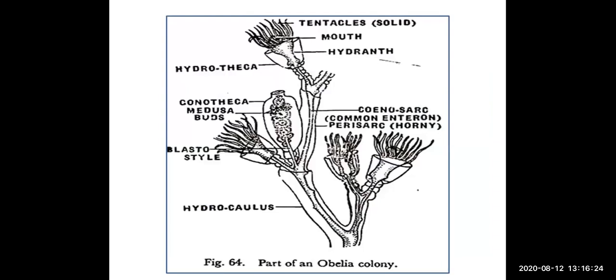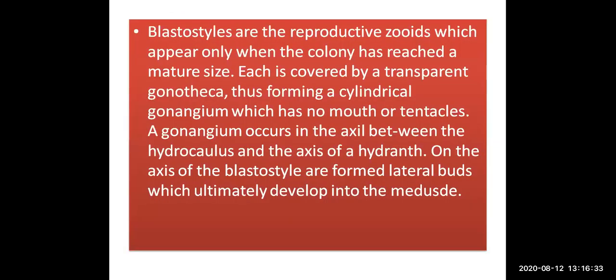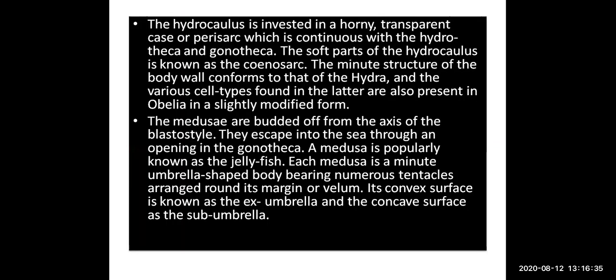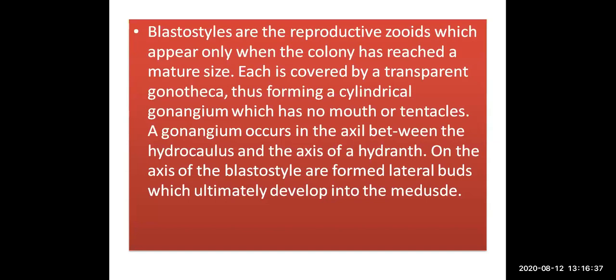The blastostyles are club-shaped and appear only when the colony has reached maturity, each covered by a transparent chitinous gonotheca, thus forming a cylindrical gonangium which has no mouth or tentacles.